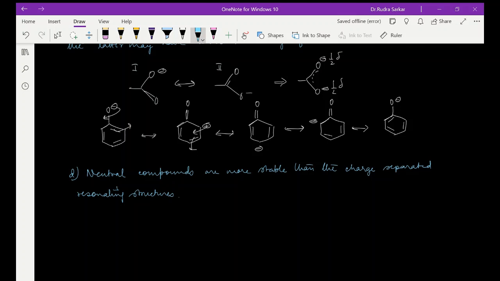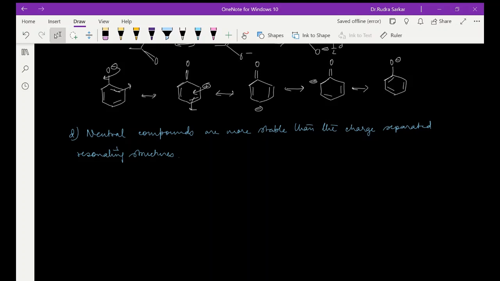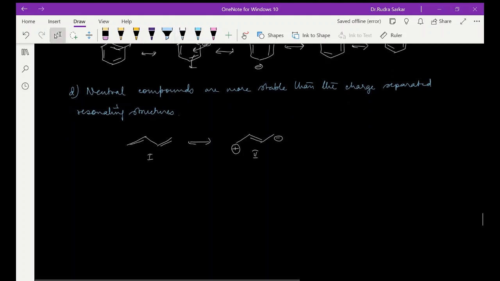In other words, polar structure is less stable than the non-polar structure. So for that, let us take an example of 1,3-butadiene, in which we will say 1 is going to be more stable than the other resonating form 2.